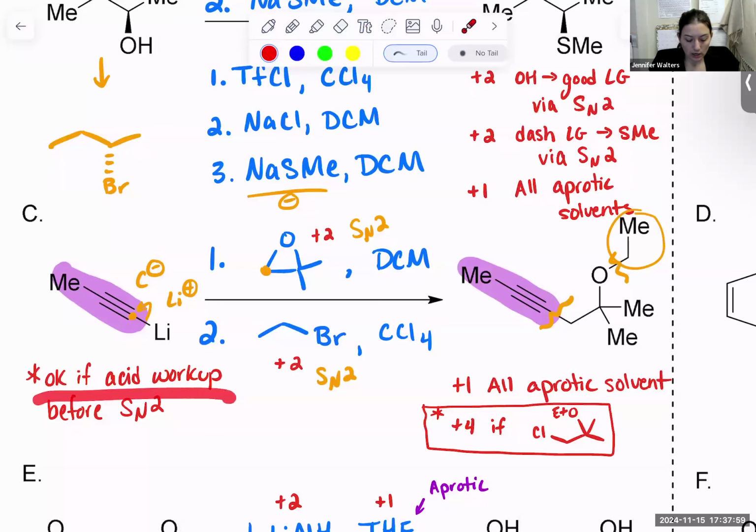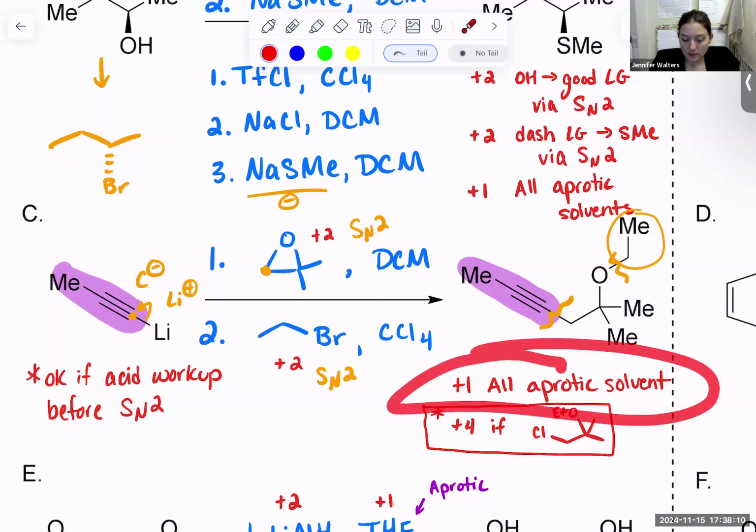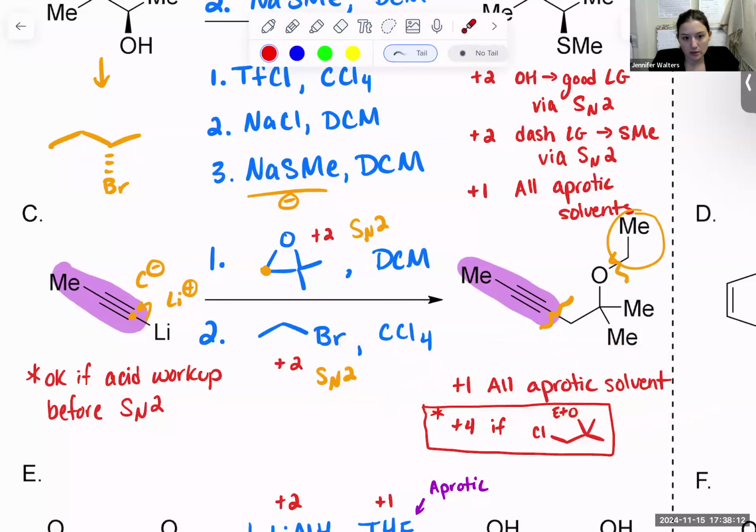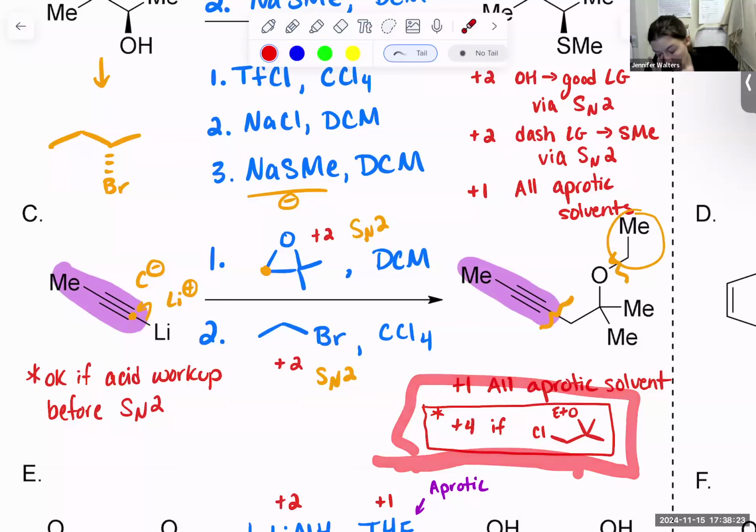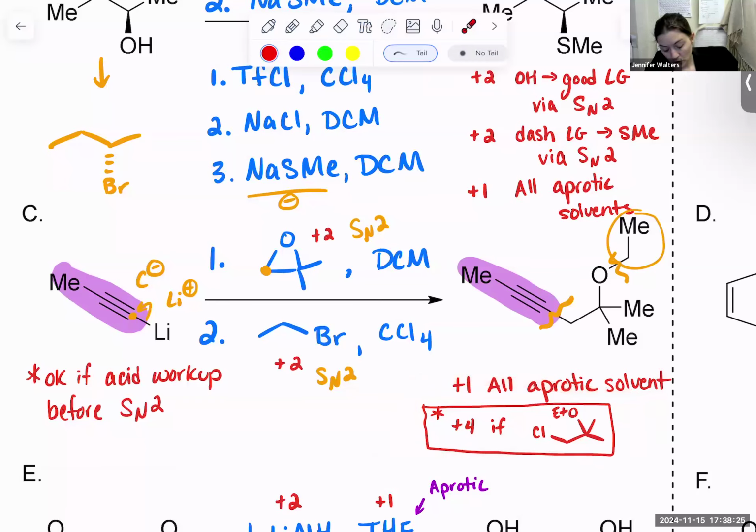If you did an acid workup after doing this to get to the alcohol first, then that was totally fine. I didn't take off any points. It received full credit. Oh, and then your last point was just making sure you had reasonable solvents. So all aprotic, whatever ones you picked, as long as they were aprotic, they received full credit. In this last caveat, if you just did SN2 directly with already having an ether in there, that does work.